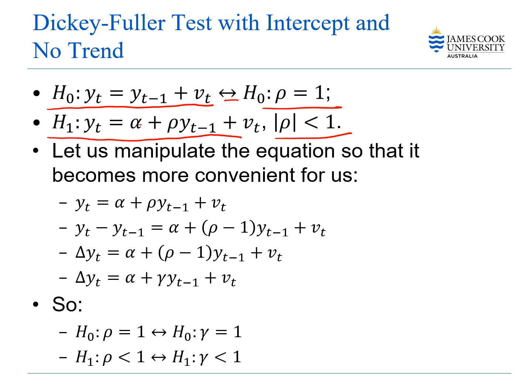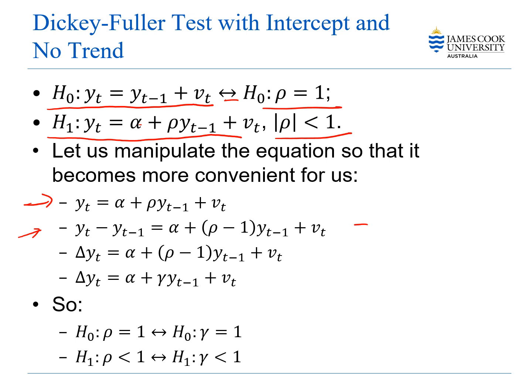Let's first manipulate the equation so that it becomes more convenient for us. Let's start with the equation under the alternative: y_t is equal to alpha plus rho y_{t-1} plus v_t. Take away y_{t-1} from both sides.